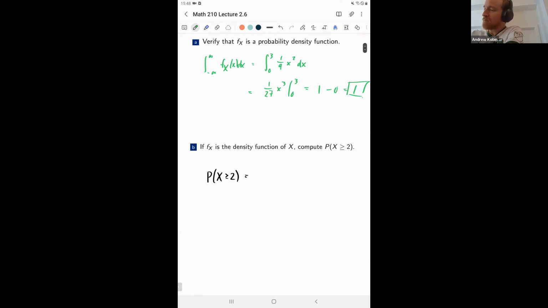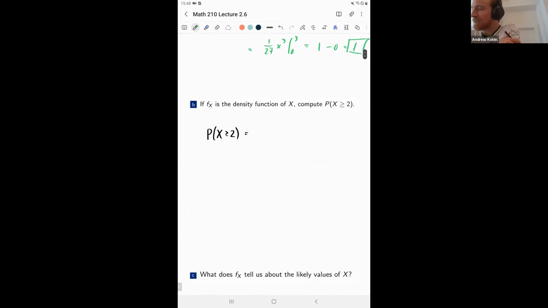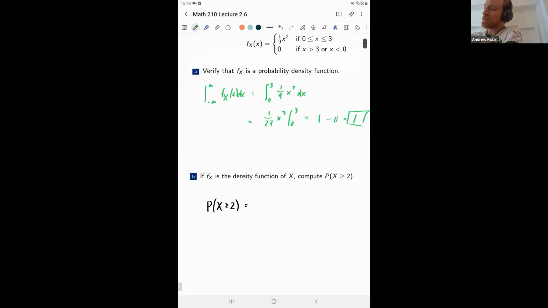Okay, so part B of the problem said to compute the probability that this random variable took on a value at least 2. So remember, the function is described piecewise like this. And for any values above 2, we want to integrate from 2, in this case, all the way up to infinity. That captures all of the x inputs greater than or equal to 2.